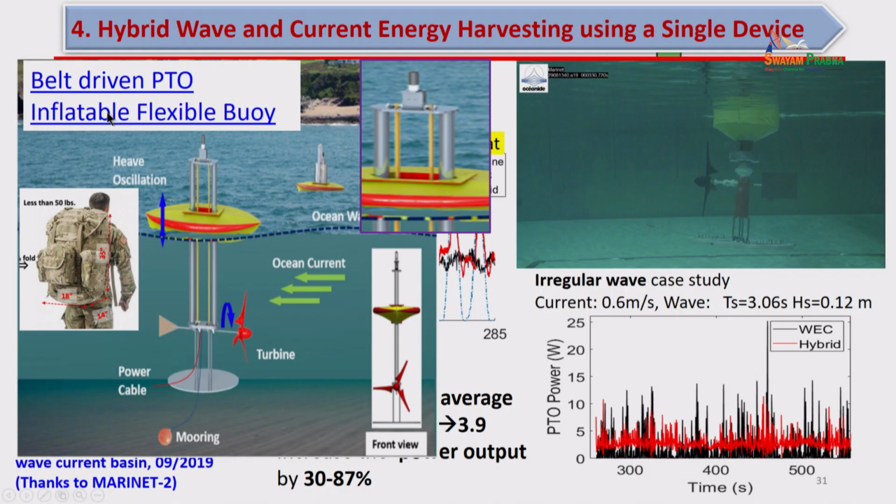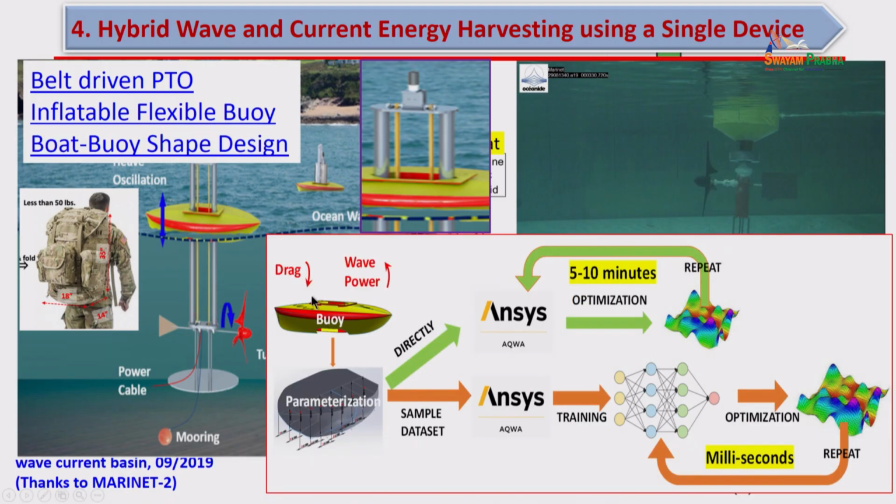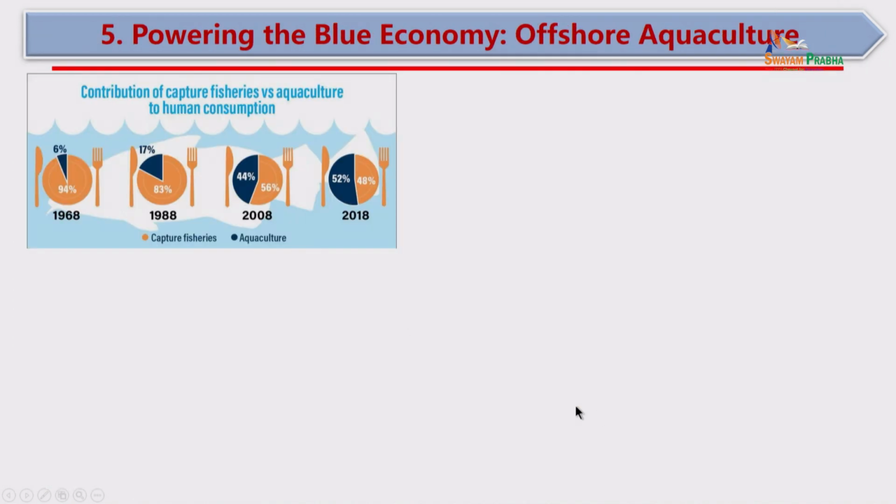So we use an inflatable, flexible buoy instead of a rigid one, and we also use machine learning to optimize the shape. Instead of using CAD, SolidWorks to make the drawing, and doing the simulation in MATLAB, we can use a machine learning process, using one software to quickly do the iteration process.